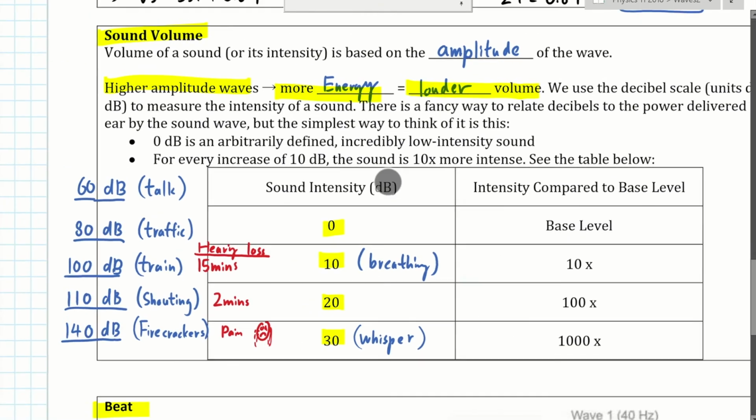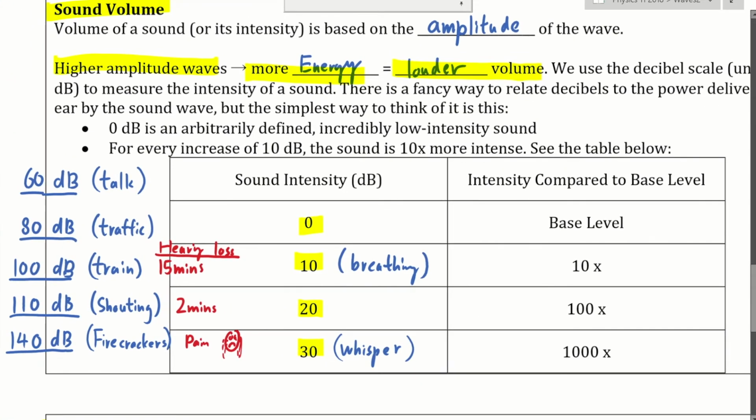So one way to think about this is, what is absolute quiet? Like no sound at all. It's very difficult to achieve that in our environment because there's always going to be some kind of background noise. Even if you're in a room with no one talking, you can still hear the emptiness.